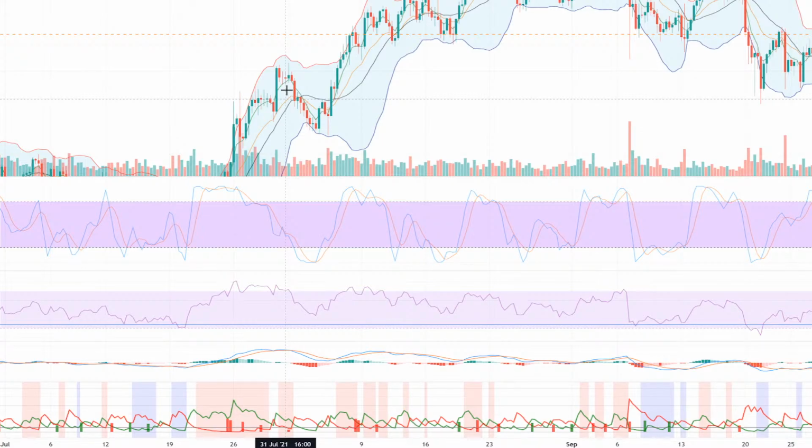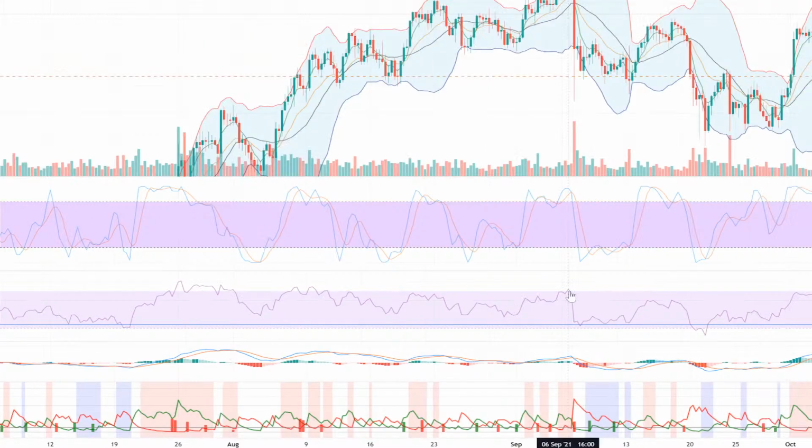I would have waited for an overbought area to go over the 70% rule, the value of 70. It just hits over the value of 70 here.